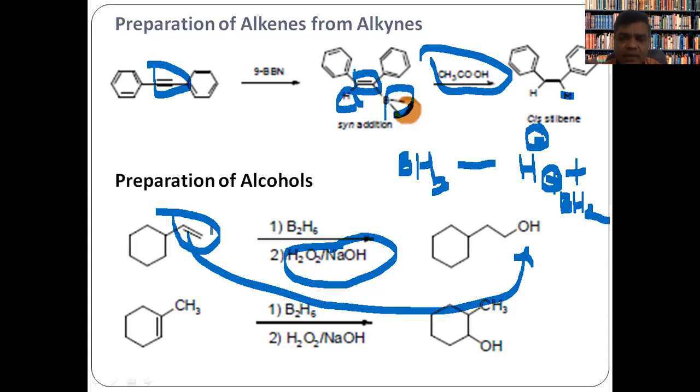So remember, OH goes to the carbon which is less substituted. See here, this carbon is more substituted, this carbon is less substituted. So addition takes place: OH goes to the carbon which possesses fewer substituents, while hydrogen goes to the carbon which possesses more.